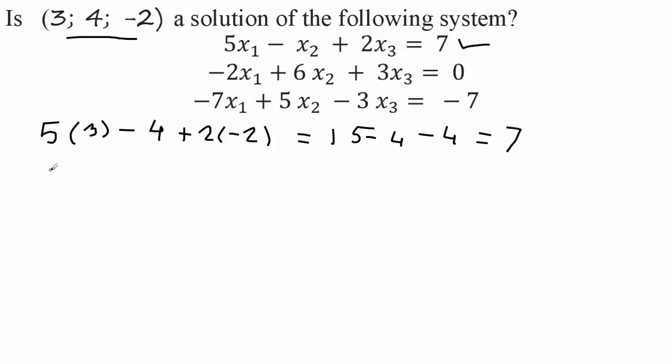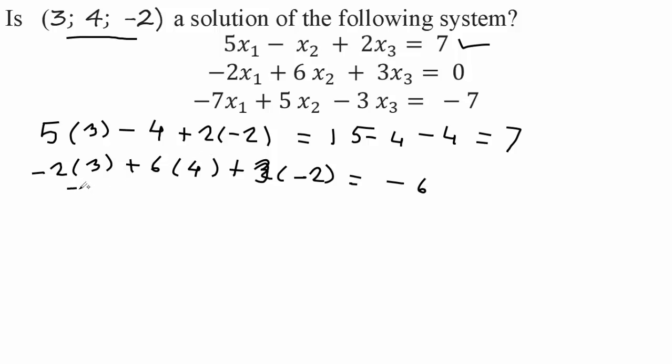We shall check the second. -2 into 3 plus 6 into 4 plus 3 into -2. -2 into 3 is -6, 6 into 4 is 24, and 3 into -2 is -6. 24 minus 6 minus 6, 24 minus 12, is equal to 12, but in the second equation it is given as 0.